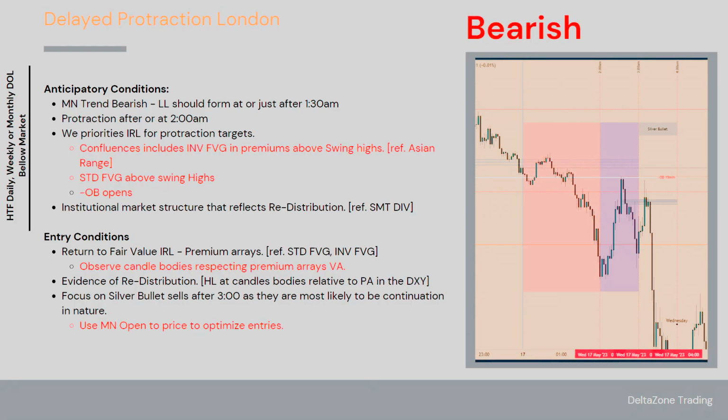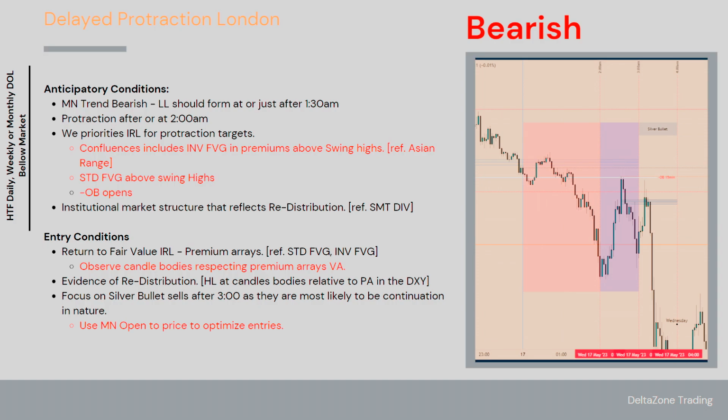As for the entry conditions, they're much the same as in the previous profiles we discussed, using inverted fair value gaps as a reference and a way to measure a shift in market structure, a way to measure a shift in the sentiment. Right, so should we witness some measure of redistribution in which we see higher lows in the euro as compared to lower lows, say, over in the dollar, from there we can monitor whether price is seen to move through a swing low, in which case we can infer that a market structure shift has occurred.